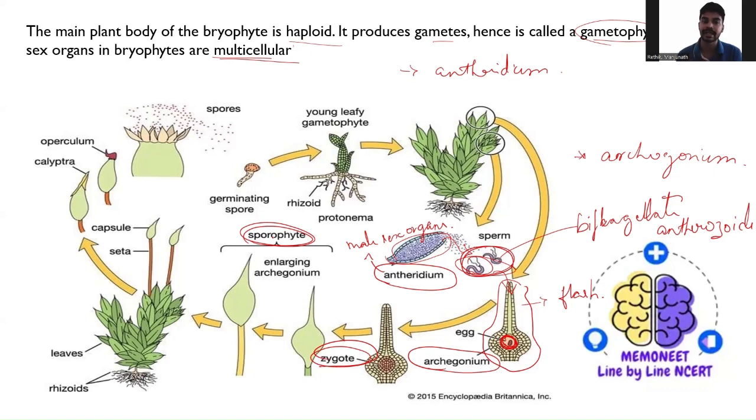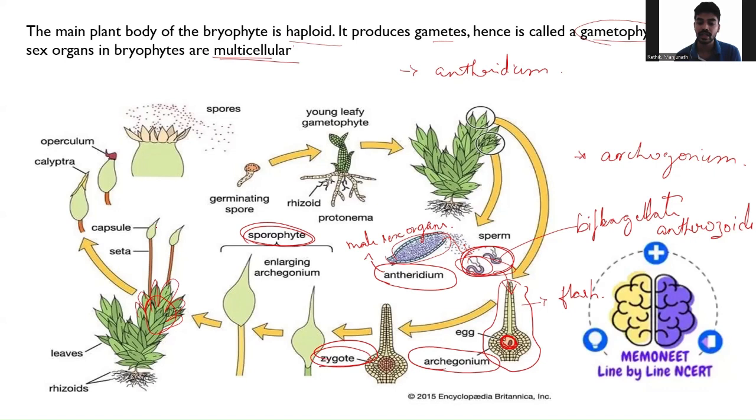It is attached to the photosynthetic gametophyte, and there it derives its nutrients from the gametophyte, the one which is able to prepare its own food.